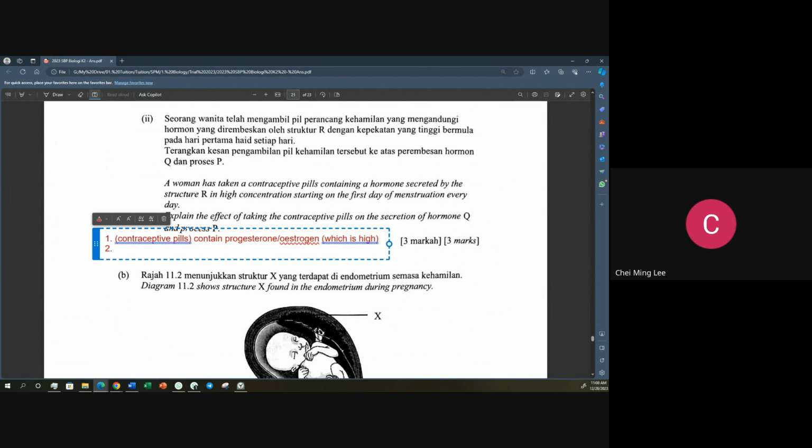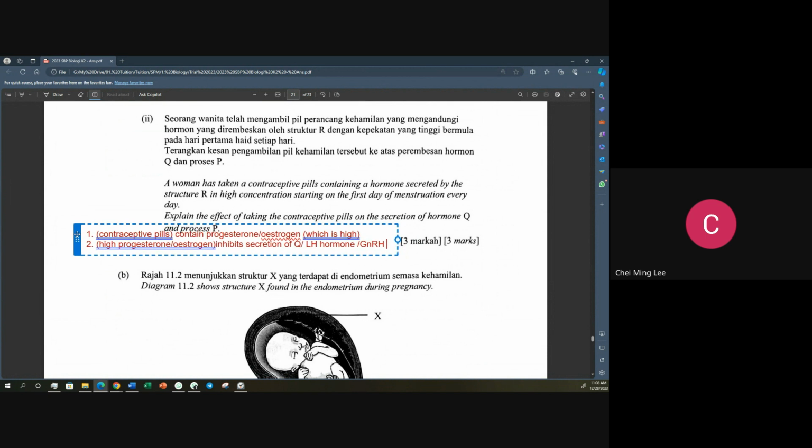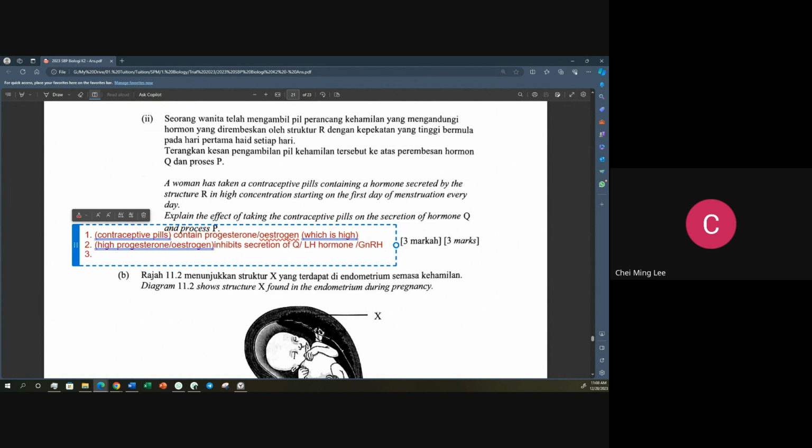So it will inhibit the secretion of hormone Q, or how we say, LH or GnRH. So with this, the process P, which we call ovulation, will not occur, because there's no secretion of LH or GnRH.